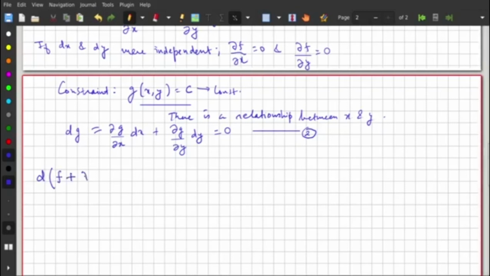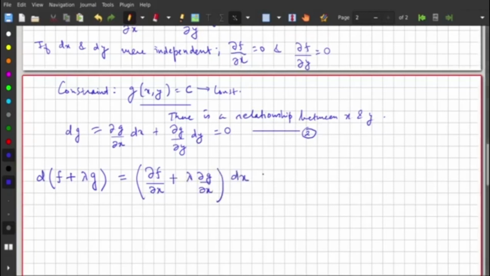We can write d of f plus lambda g, and that will become partial f partial x plus lambda times partial g partial x, times dx, plus partial f partial y plus lambda times partial g partial y, times dy, and this is equal to 0.